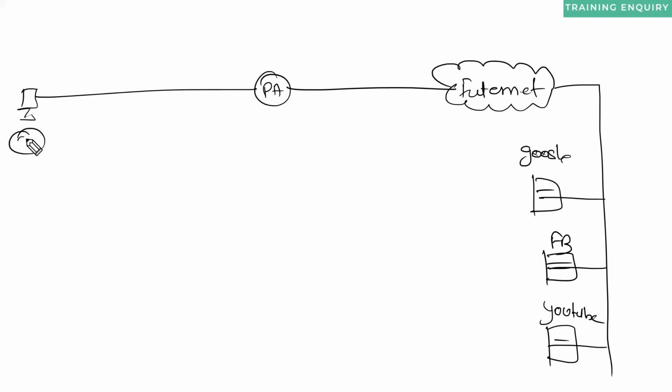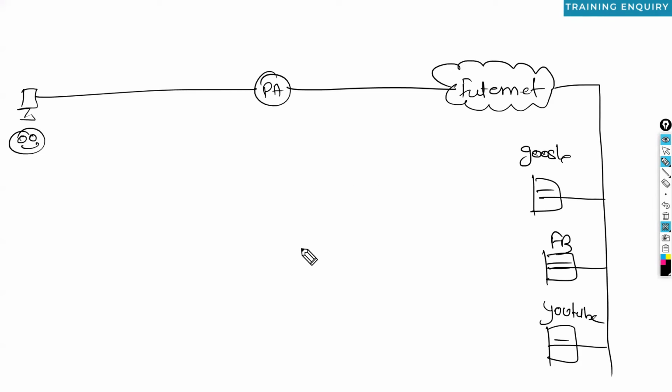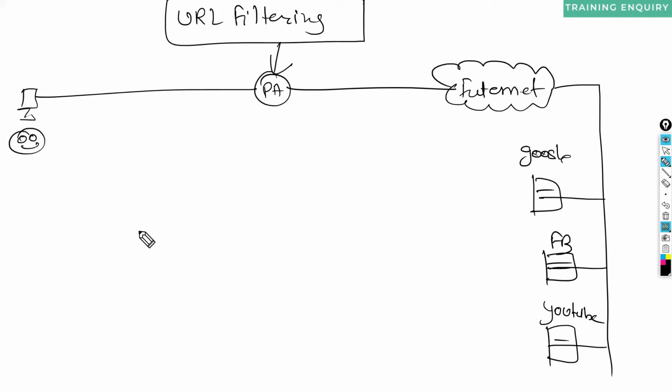Now, users from our organization can access any website, but we want these users not to be able to access websites like Facebook and YouTube. For that, we need to enable URL filtering on the Palo Alto Firewall.